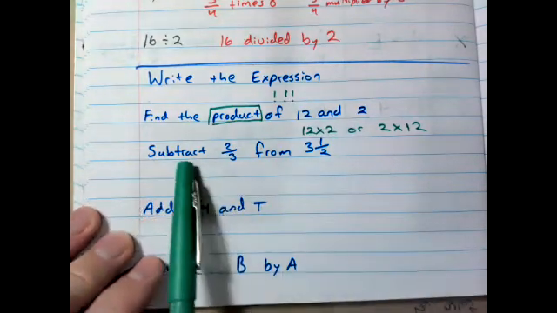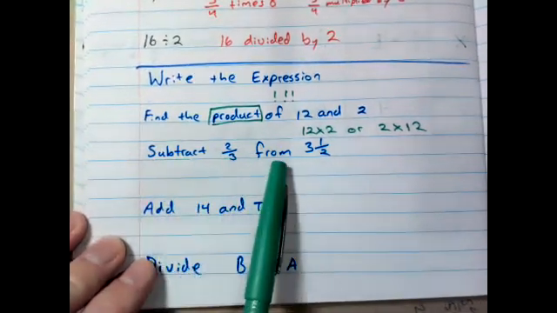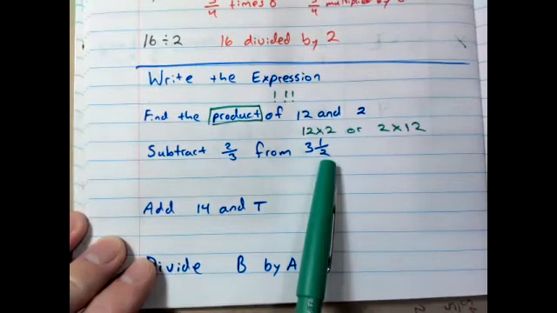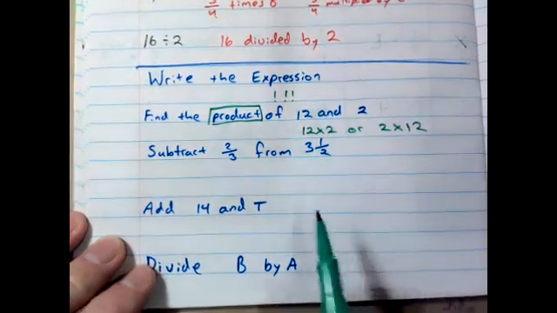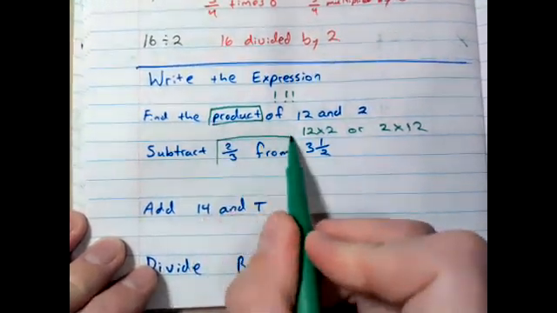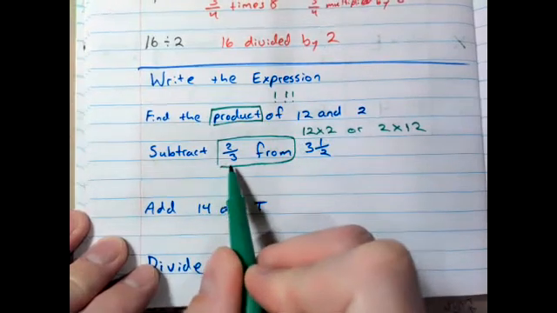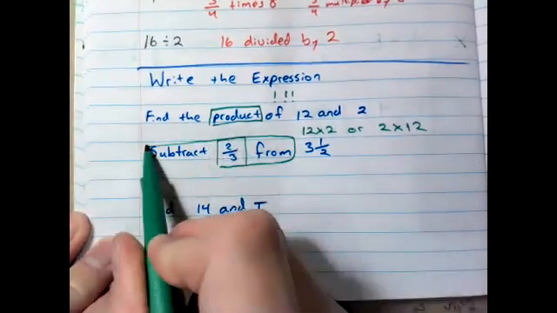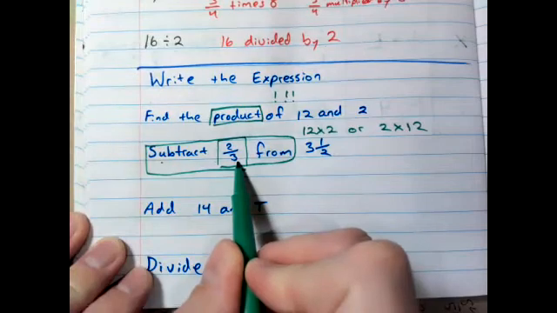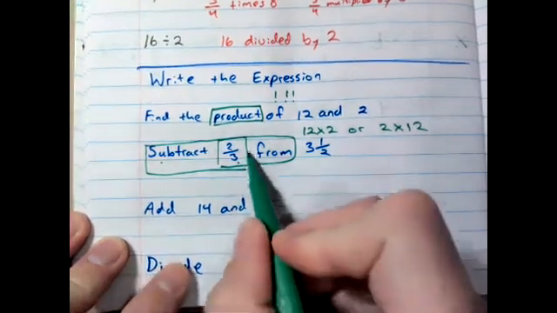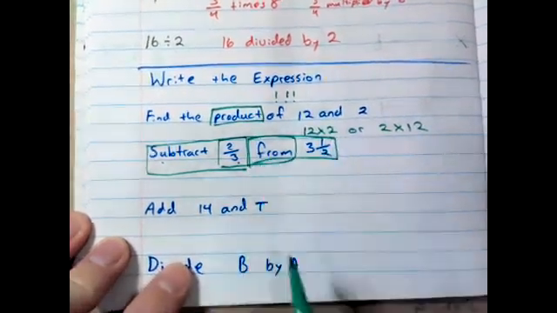All right, next up we have a subtraction problem. Subtract 2/3 from 3.5. I want to focus on that. Subtract 2/3. And we want to go from the other side.